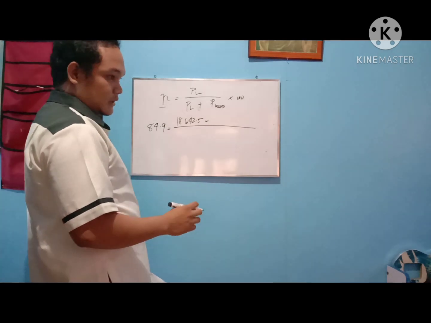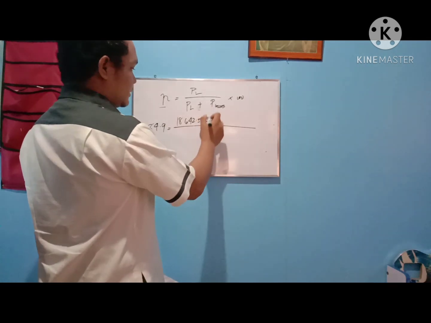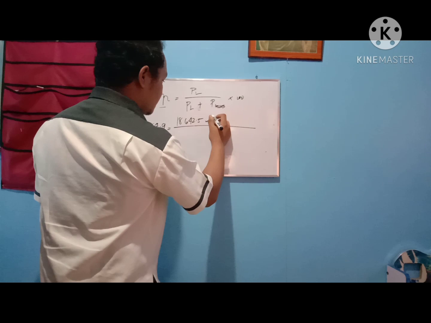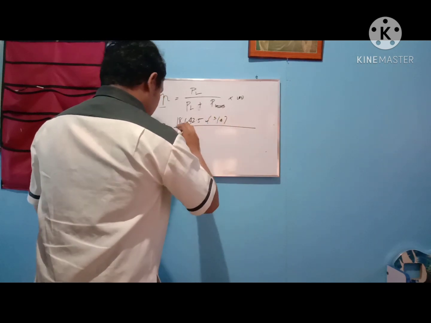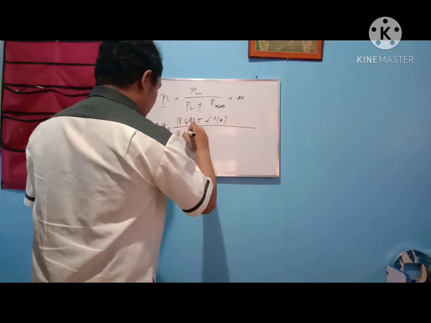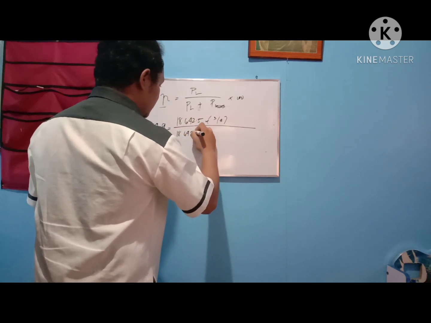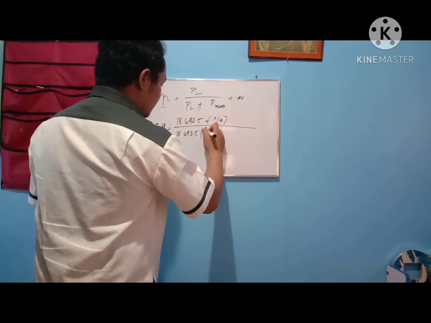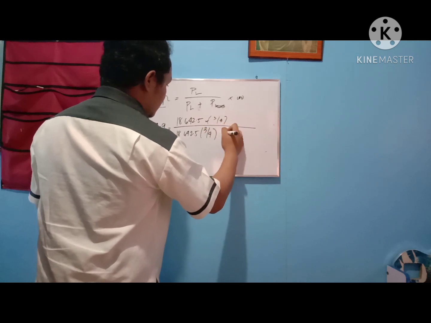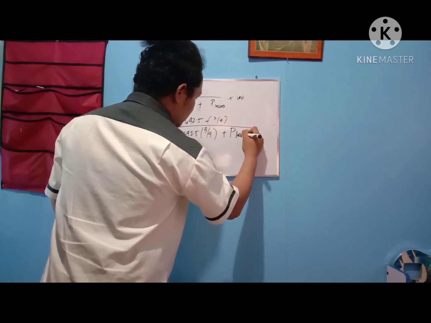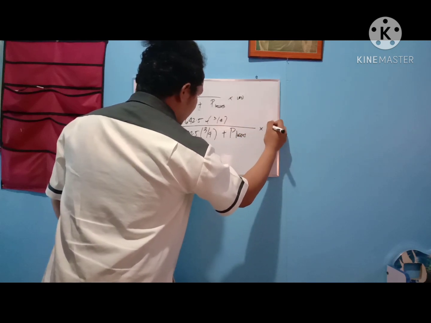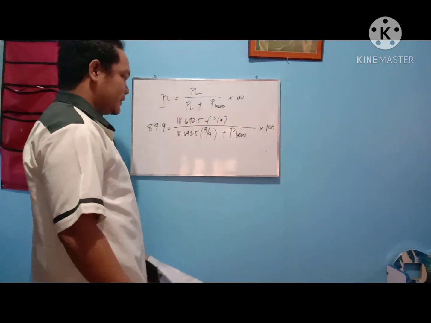Since the condition of the problem is 3 quarters, we multiply this by 3/4. Also this one, we multiply by 3/4, plus the total losses. We multiply by 100 since we're talking of the percentage.